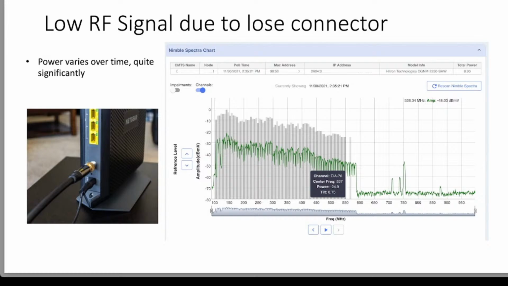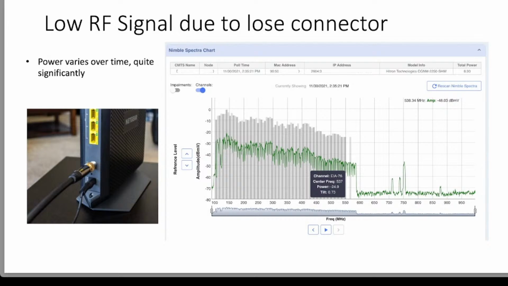At the highest frequency, we have an RF power of minus 24.9 dBmV on this particular capture. Every time we recaptured the full band capture on this modem, that power level would vary pretty dramatically. Sometimes it would be all the way to minus 24.9, sometimes it would be like minus 10 dBmV. So there would be huge swings.